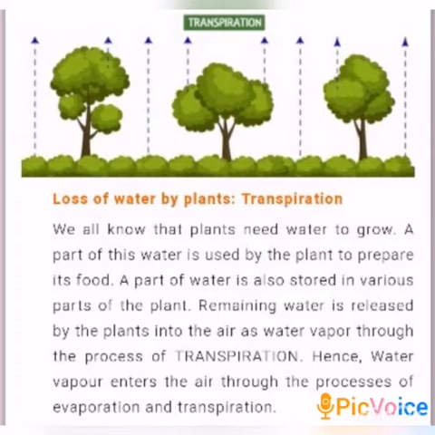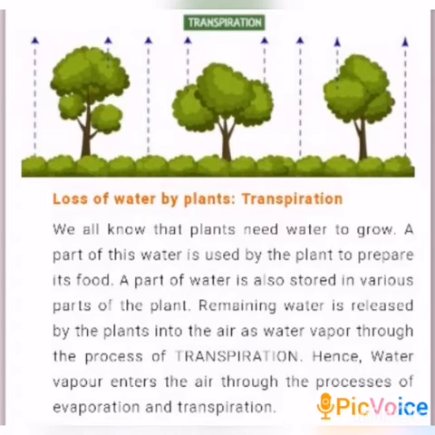Already we have learned about this evaporation process. Isn't it, children? Now you are clear about this transpiration process. So from those two processes, the water vapor enters the air.